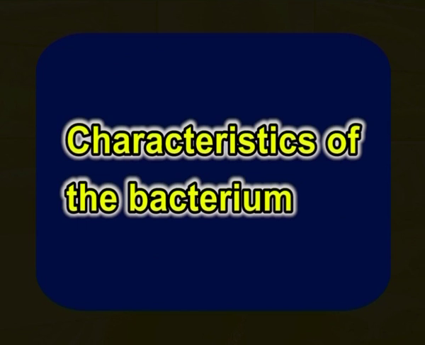Now let's see the characteristics of these bacteria. Most bacteria, apart from the coccus variety, move around with the aid of small lashing tails called flagella, or by whipping their bodies from side to side.